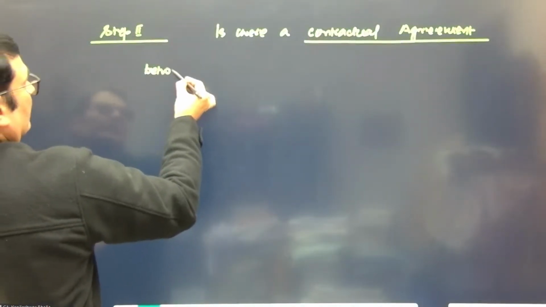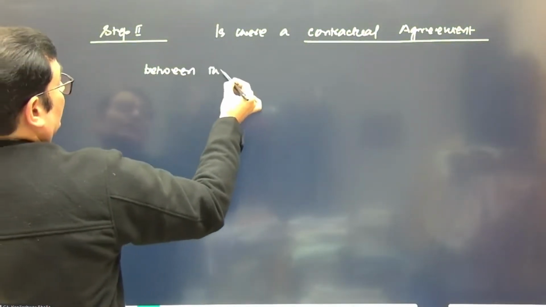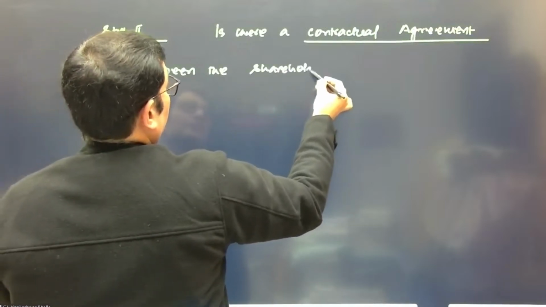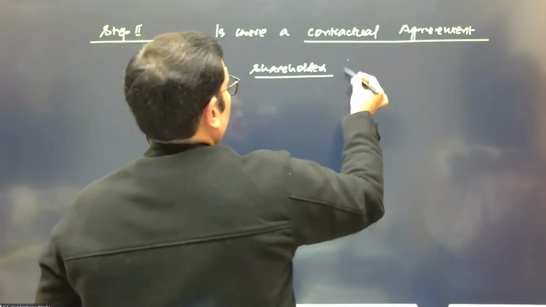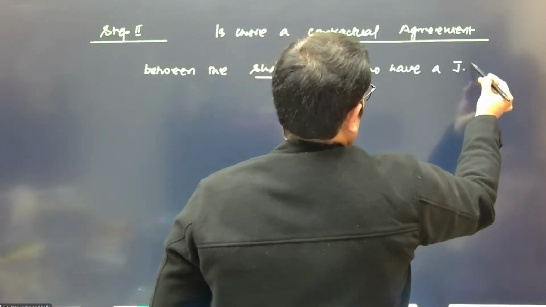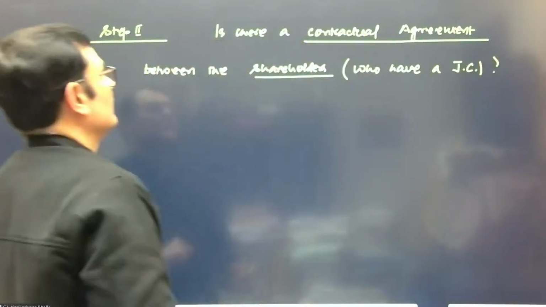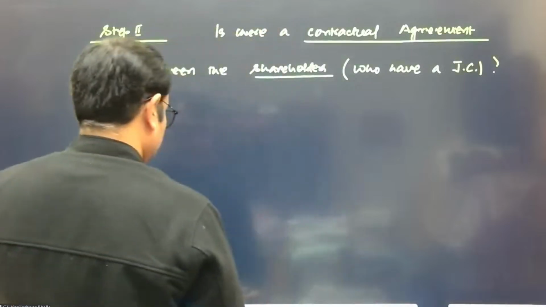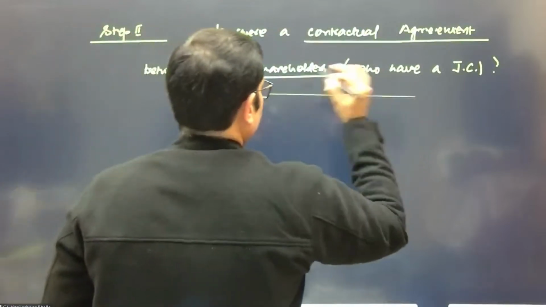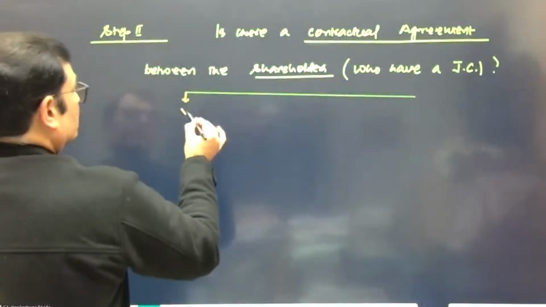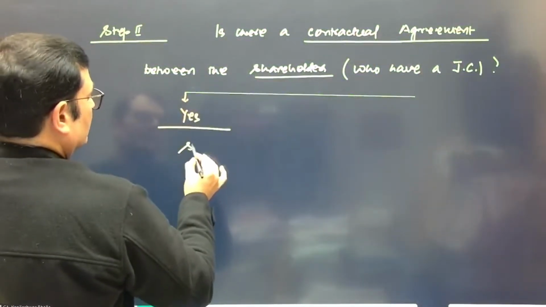Is there a contractual agreement between the shareholders who have joint control, putting it as JC? So what is important is the presence of a contractual agreement if there is a joint control. We say a yes or a no. If you say yes, there is a contractual agreement, you go to step number 3.